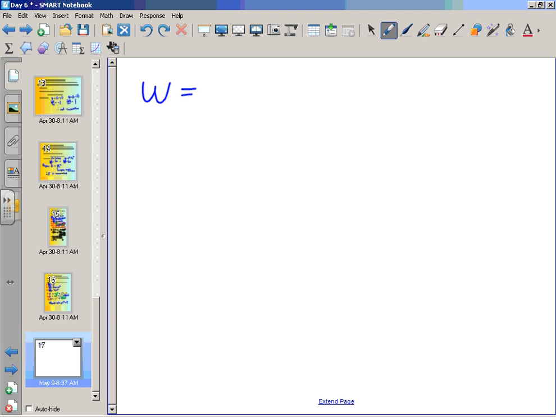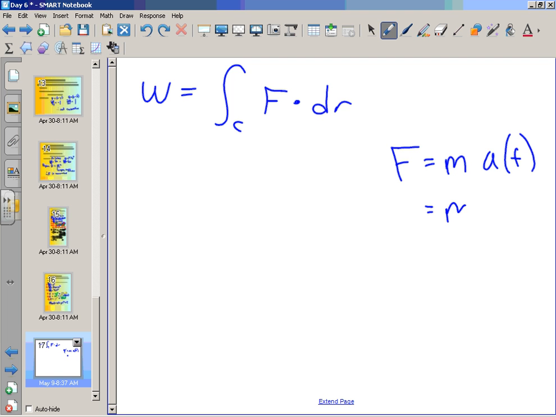Okay, so what I mean is that we know that work is defined as the line integral all along the curve C. But we also looked at the fact that force equals mass times acceleration, which equals mass times r double prime of t, where r parameterizes C. That's true.